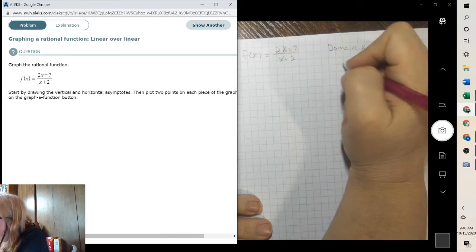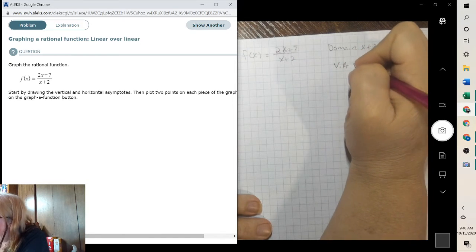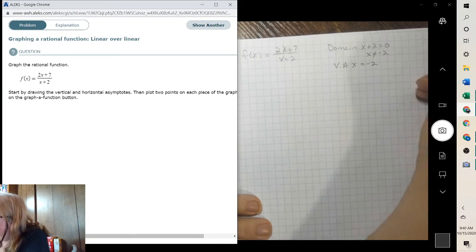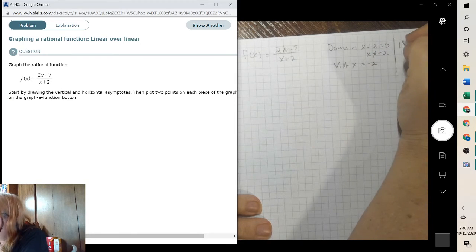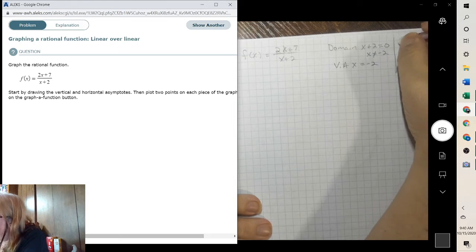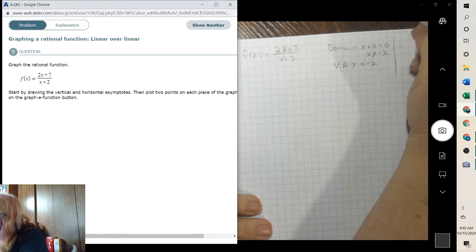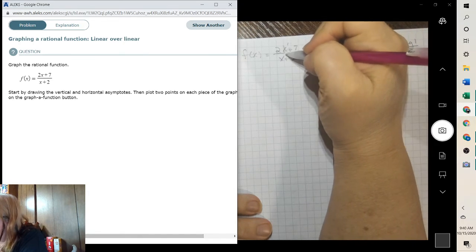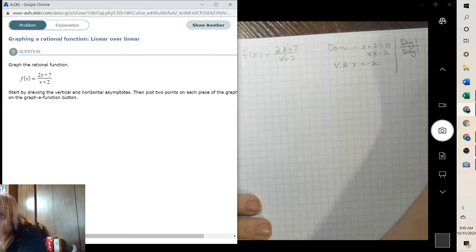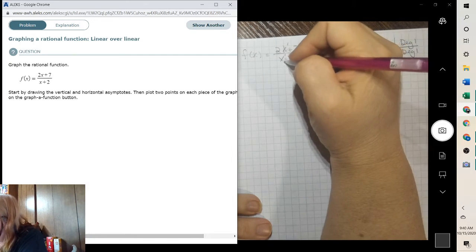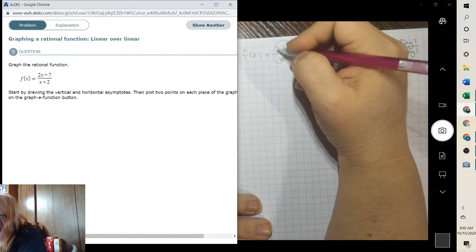Because this doesn't reduce, that is also our vertical asymptote. To find the horizontal asymptote, we look at the degree of the top and the bottom, and they're both the same. The degree of the top and the bottom is 1 because that's our largest exponent. When they're the same, the horizontal asymptote is y equals, and you take those 2 largest degree terms and reduce them.